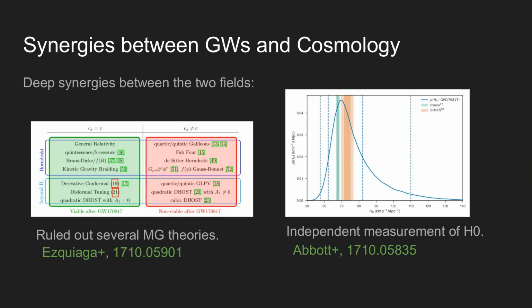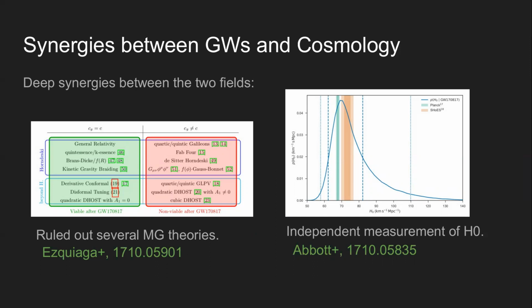First of all, we could measure the speed of gravitational waves with respect to the speed of light, and we found that the two match to a very high degree. This allowed us to rule out several modified gravity scenarios that predicted that the speed of gravitational waves was significantly different from that of electromagnetic waves.